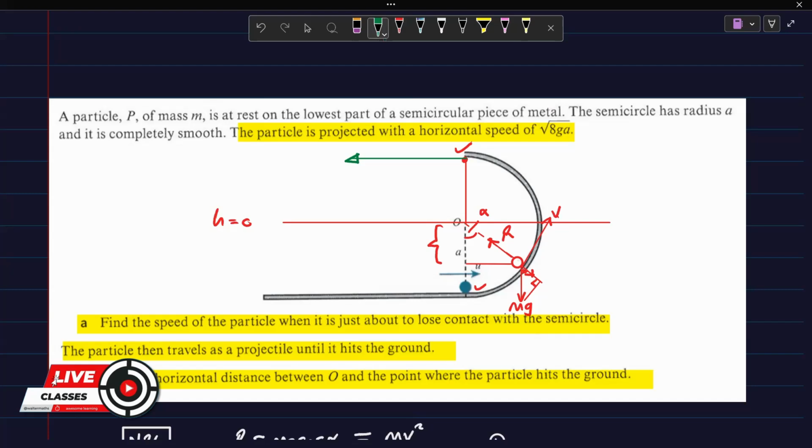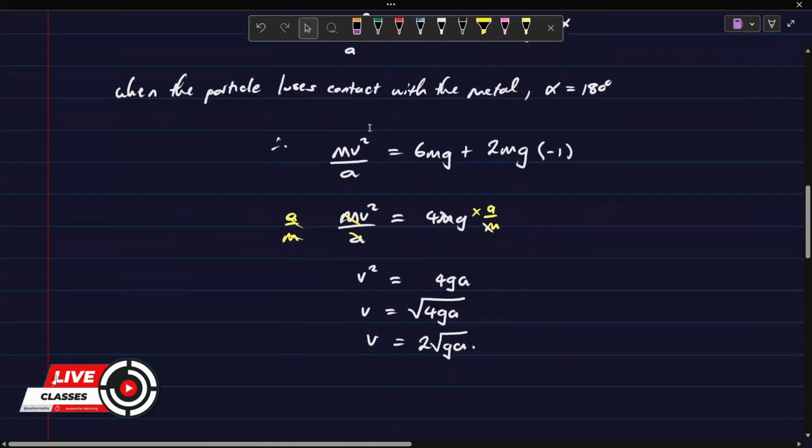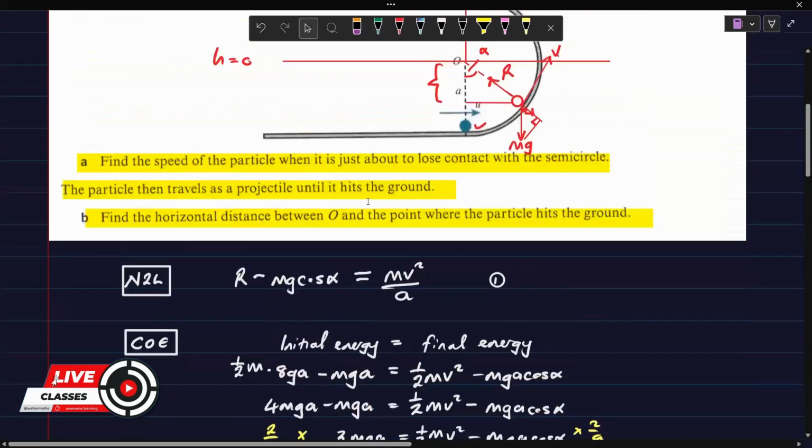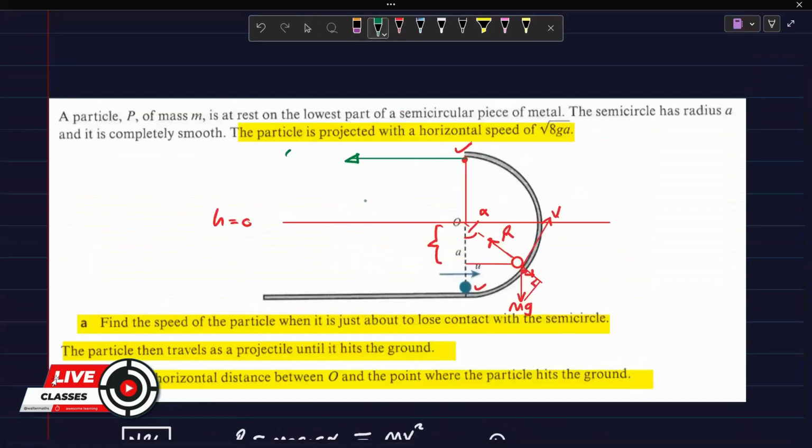And the speed of projection is the speed with which it had when it lost contact with the metal. So that's 2 root ga. That's actually now the speed of projection. All right. So the particle is going to follow something like this as its trajectory.